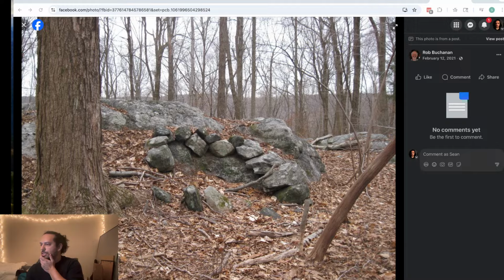Tall Pines Rock Shelter. Nope, that's not it. Shoot.